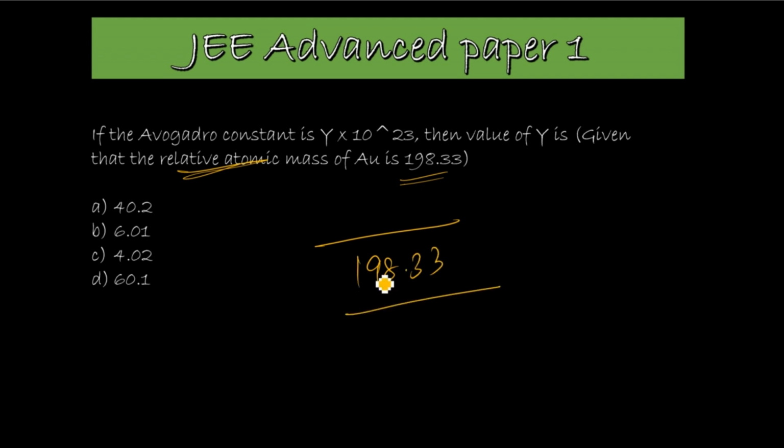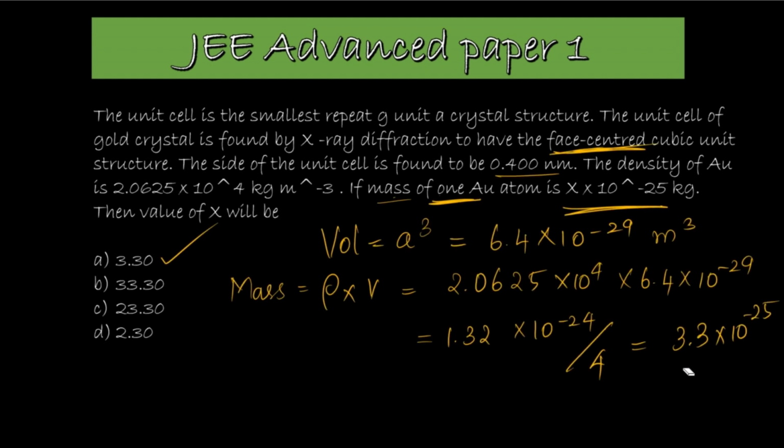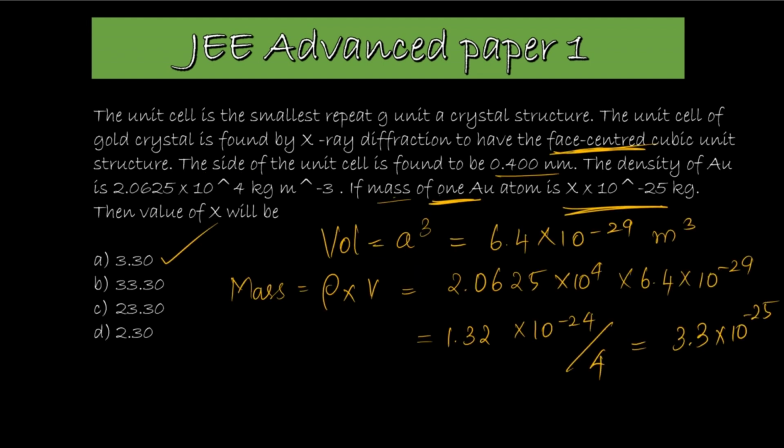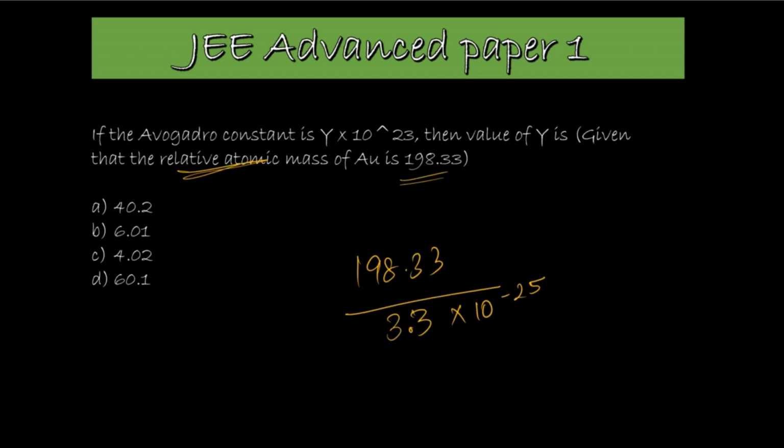And divided by what we have found from the previous answer, that is 3.33 into 10 to the power minus 25, that is the mass of one gold atom. So I'm substituting over here. So 3.33 into 10 to the power minus 25 kilogram. I'm going to substitute it in grams, so it will be minus 22 grams.